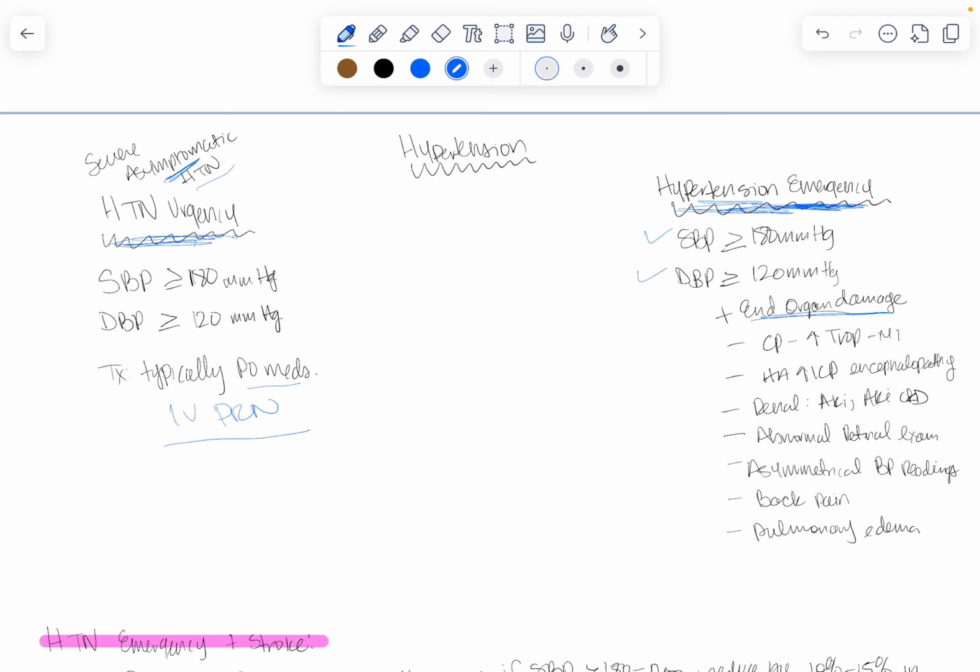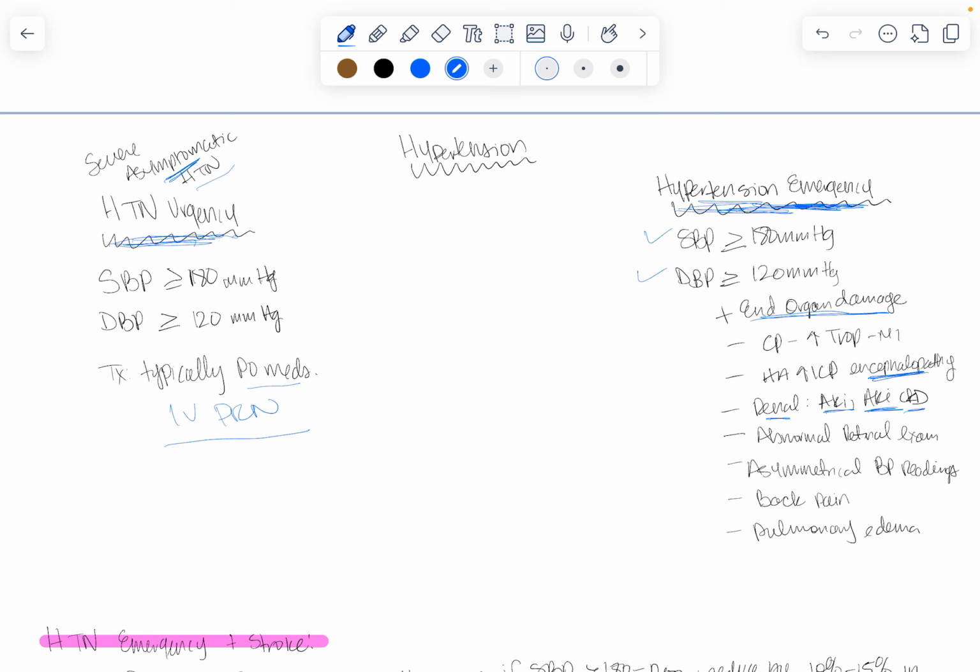Or headache, increased intracranial pressure. They're confused, altered mental status, so encephalopathy. Renal: now you see their BMP, you see they have an AKI, or if they have a history of CKD, now they have AKI on CKD, noted by an elevated creatinine, or their UA shows proteinuria.